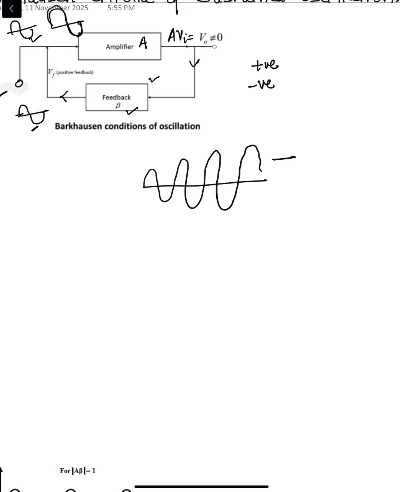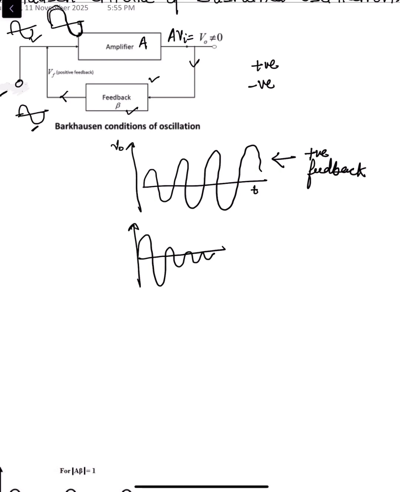So this I'm talking about the positive feedback. And in case of negative feedback, the output decreases with time. This is time and this is voltage output. So in negative feedback, the output decreases with time, and for the positive feedback, the output increases with time.